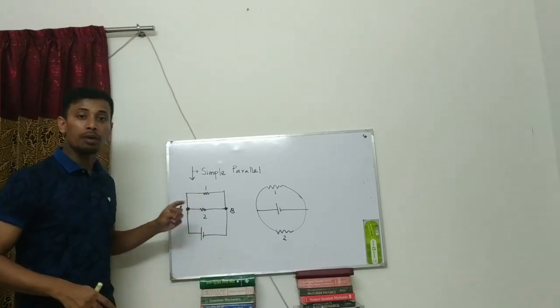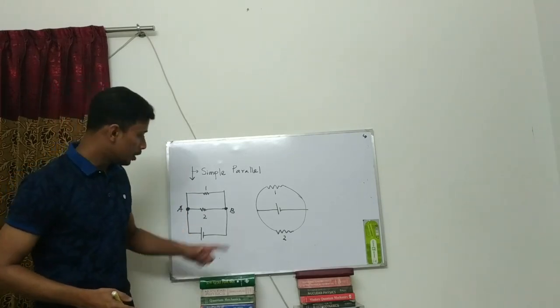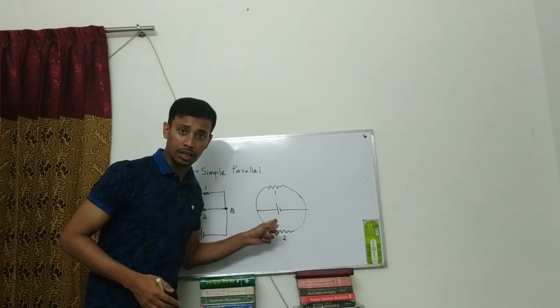So they are mutually parallel. This is a very simple parallel circuit. This is also a simple parallel circuit. How?